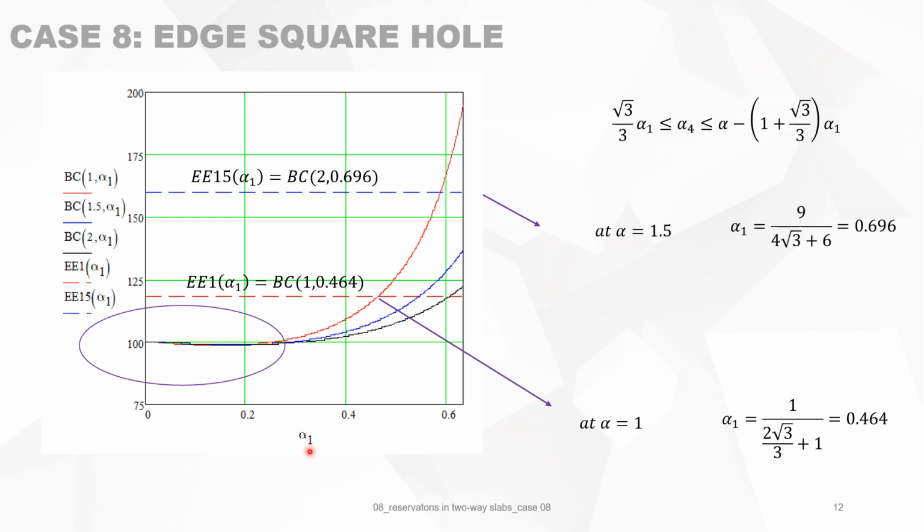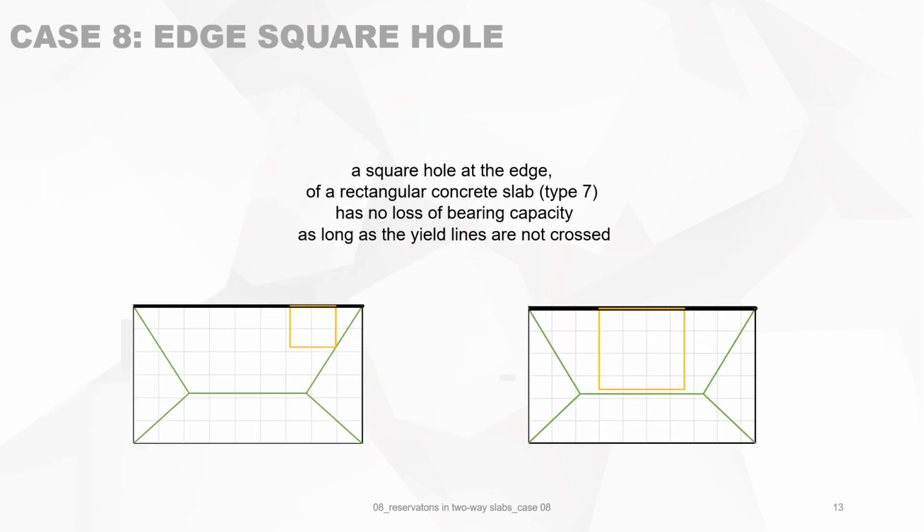Once you exceed 0.25 for alpha 1, then you will have an increase, in fact, in the bearing capacity of the slab, because you take more load away than you weaken the slab.